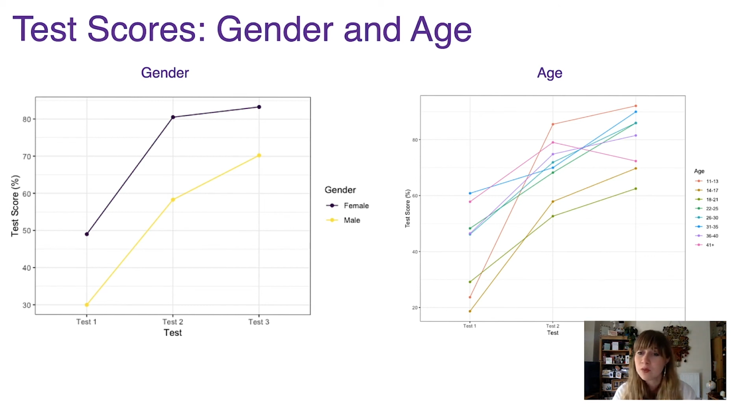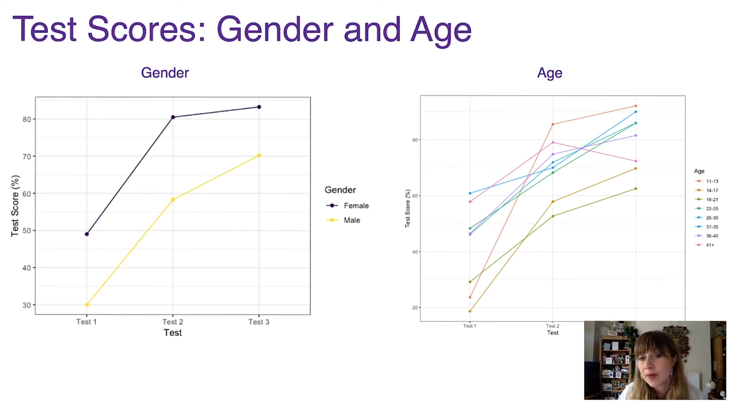And then we look at the older categories. The 22 to 25 category, the 26 to 30 category, and the 31 to 35 categories have similar patterns going on. We have a higher initial test score than the younger categories, and we have this increase into test 2 and an increase further to test 3.